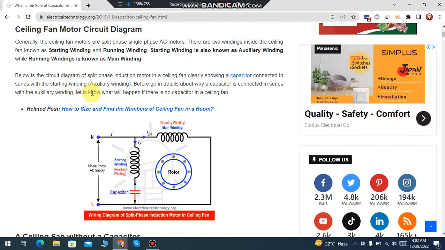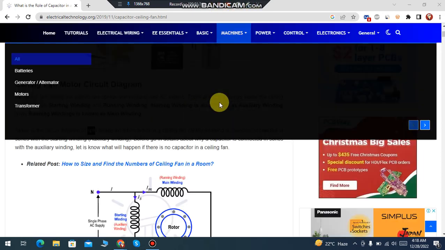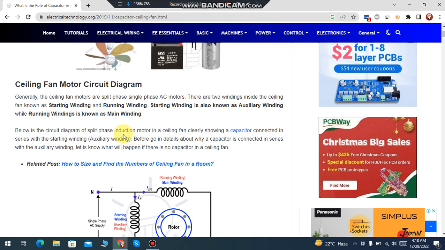Below is the circuit diagram of a split phase induction motor in a ceiling fan, clearly showing a capacitor connected in series with the starting winding.